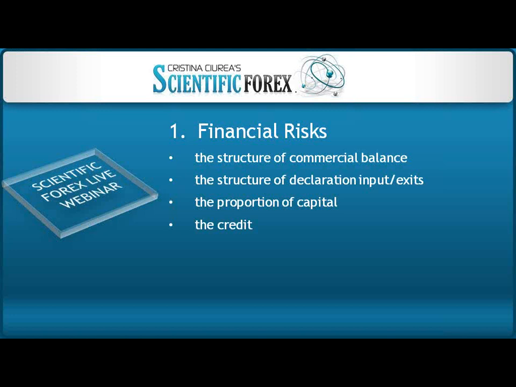So we can see some difference between the cost of credit for different areas, for different economies, and we can also see that there are countries and economies that are not able to pay back the credit. So we have to quantify this type of risk also and think about it.